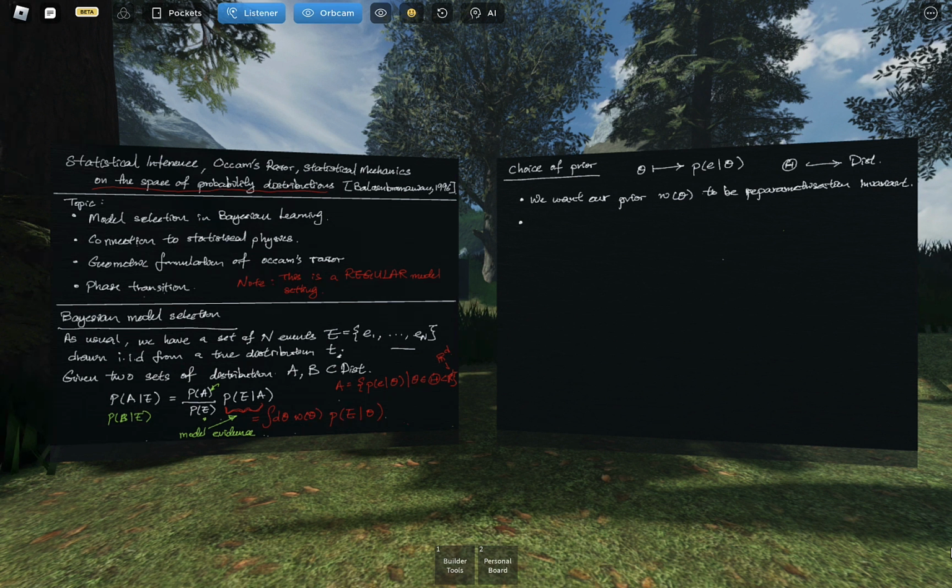But the most usual choice is to say we shouldn't assume anything. We should be the most parsimonious and follow a principle called uninformative prior. So we don't assume any information before we look at data, right? And a popular choice is uniform prior or maximum entropy prior. And here we are applying that principle not on the parameter space, but in the space of distributions.